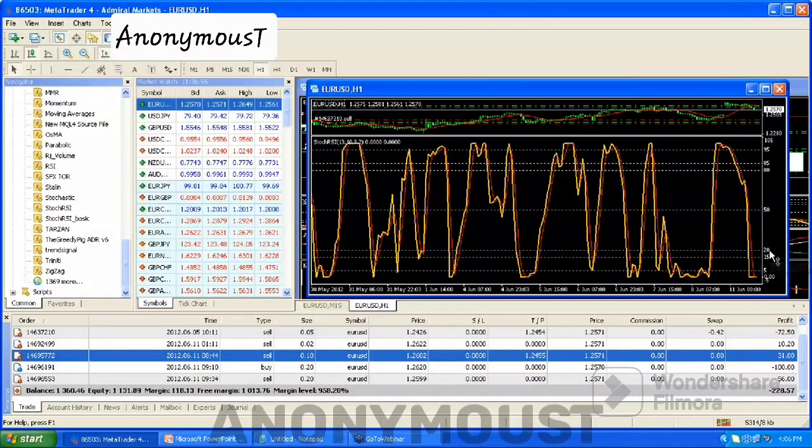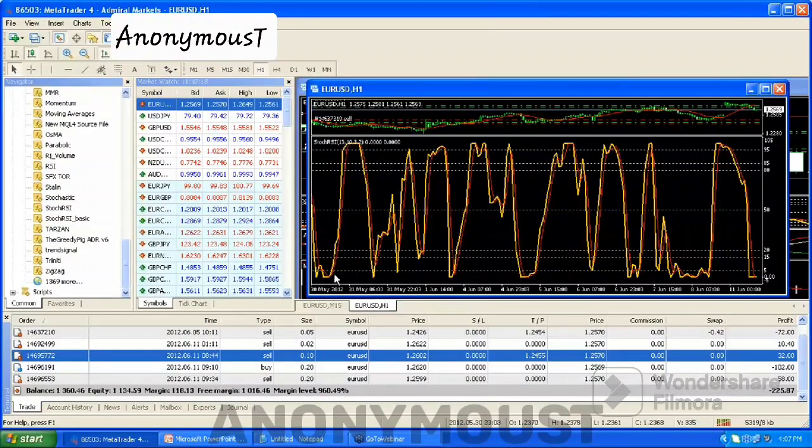So now you have a 20 level here and an 80 level here. This is like a stochastic RSI, and one was the simple RSI which we spoke about. The stochastic RSI has the 20 and the 80 level. Same way the normal RSI would have a 70 and a 30 level.